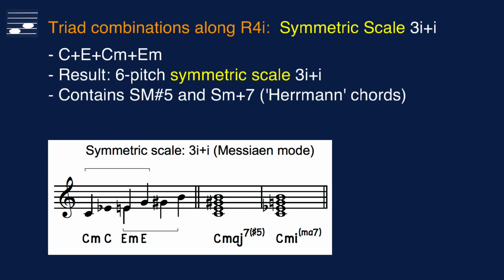Along the R4I axis we combine C major, C minor and E minor. The result is the 6-pitch symmetric scale 3I plus I, also a Messiaen mode.